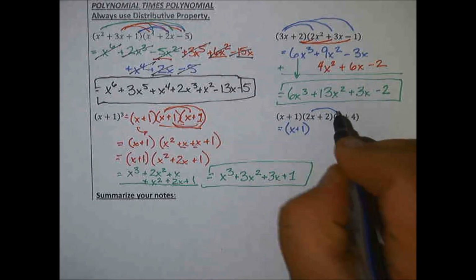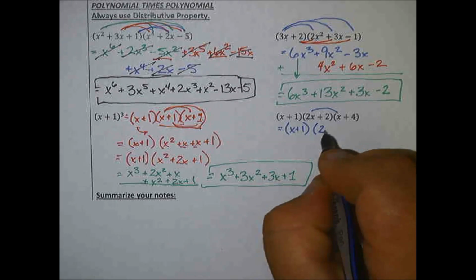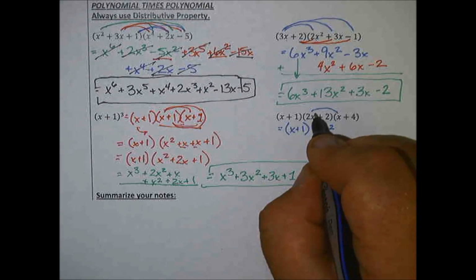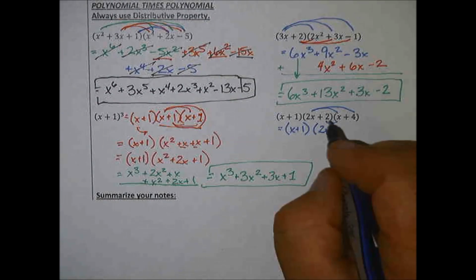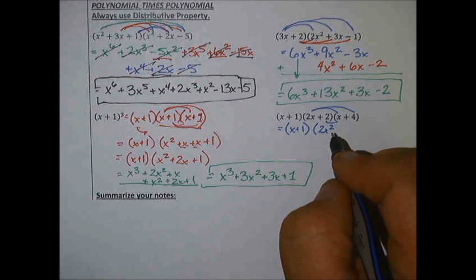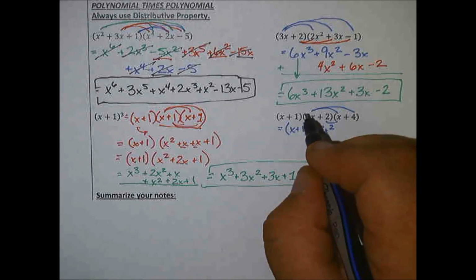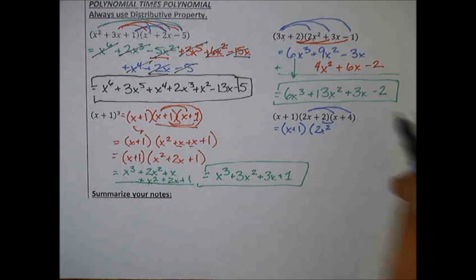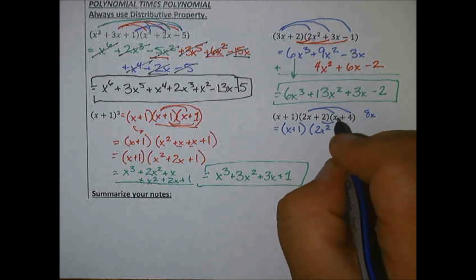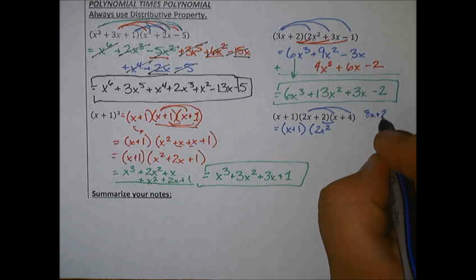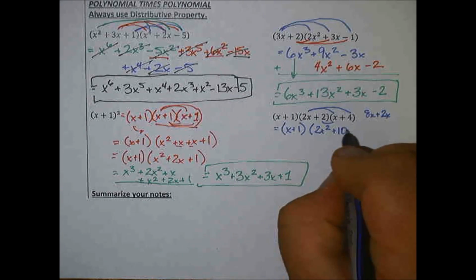So here I'm going to go 2x times x is going to be 2x squared. Now I'm going to look at my outsides and my insides, because that's always what gives me the like terms. So I have 2x and 4, so that's going to be 8x. And then I have a 2x, so that's going to be plus 2x. And so I'm going to write that as plus 10x.